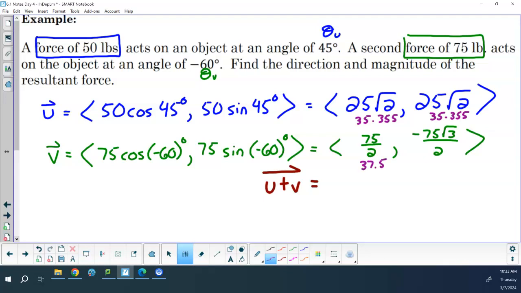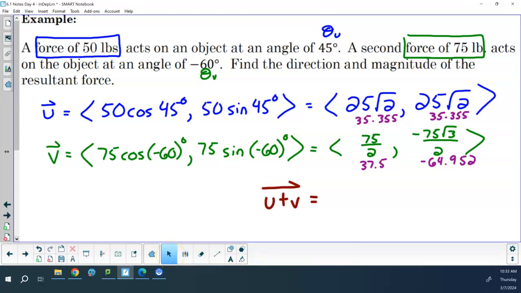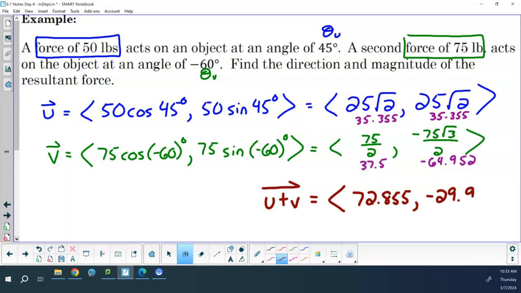Negative 75 square roots of 3 divided by 2 is negative 64.2. Add those together, and we get our resulting vector. So there's our resulting vector.